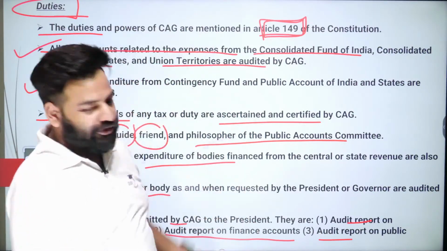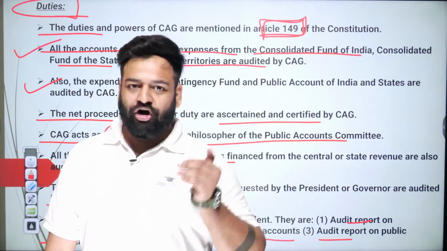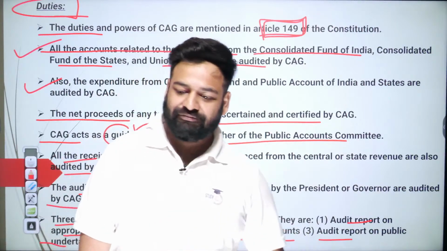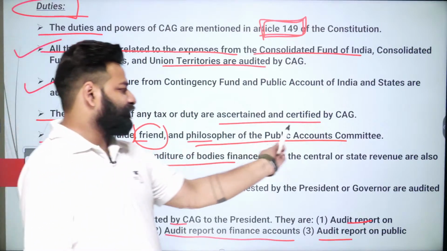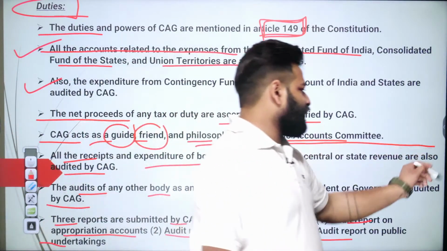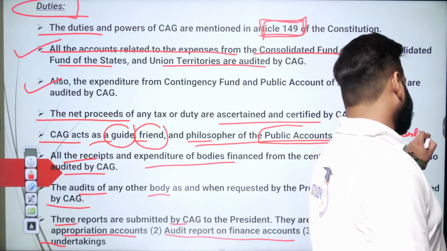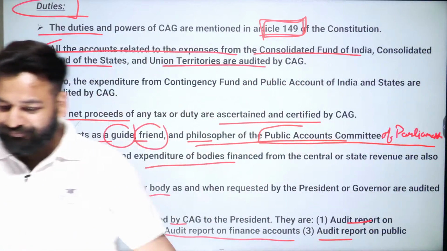In short, all the public accounts, their records, their credit and debit features, are kept with the CAG. That's it. And it is also considered the guide, friend and philosopher to the Public Accounts Committee of Parliament. Got it?